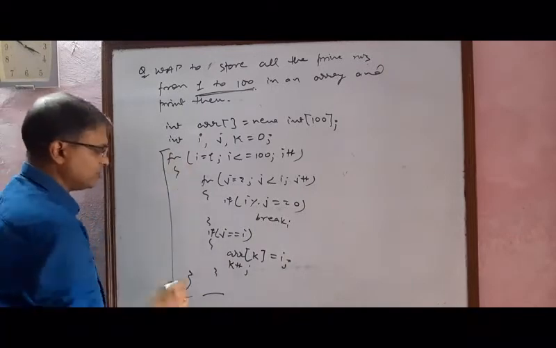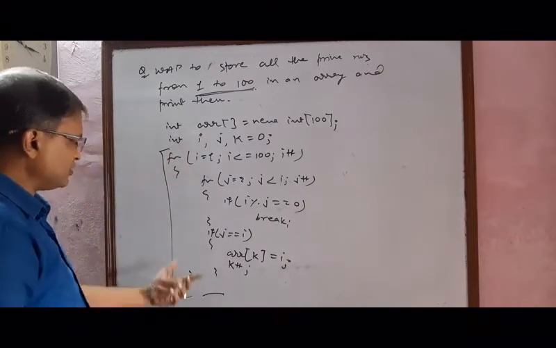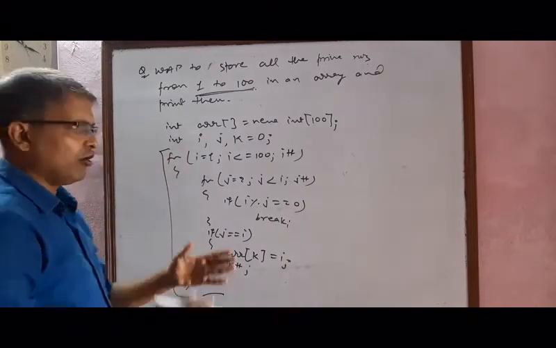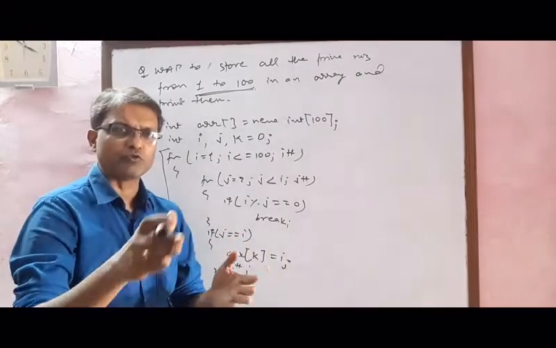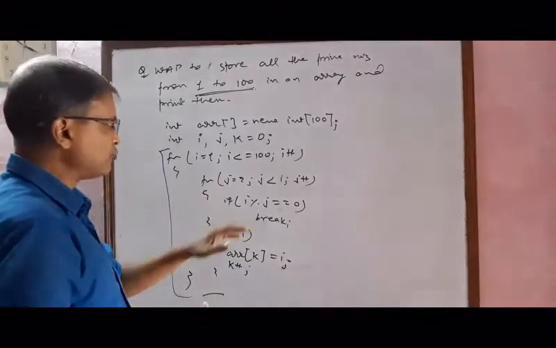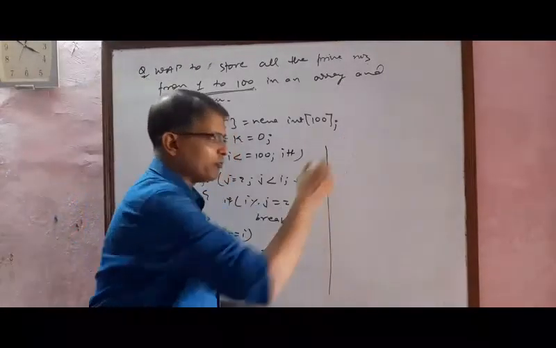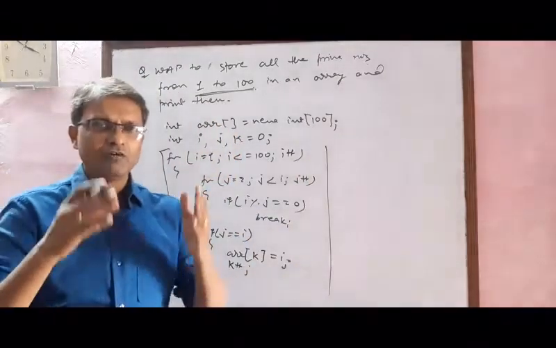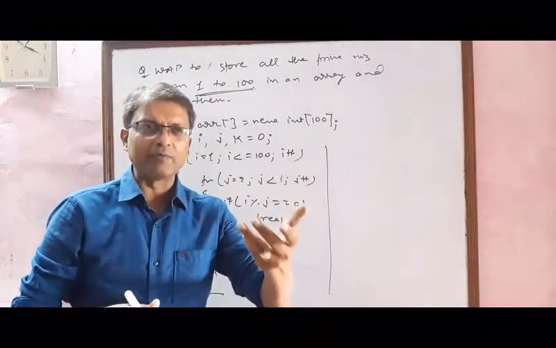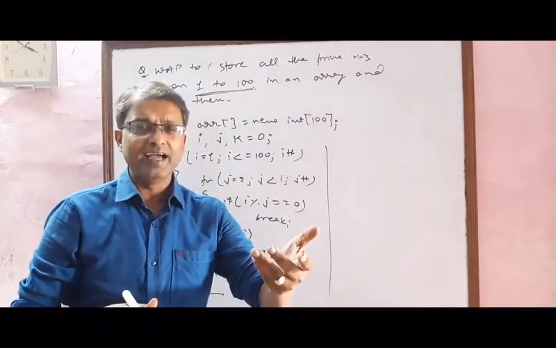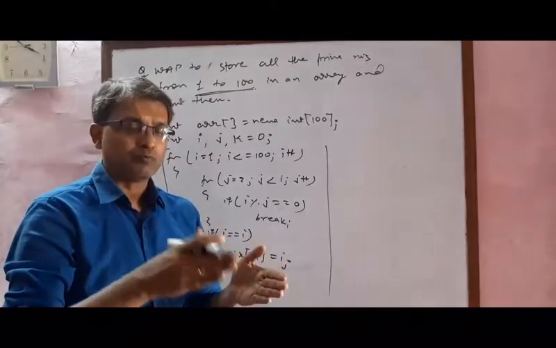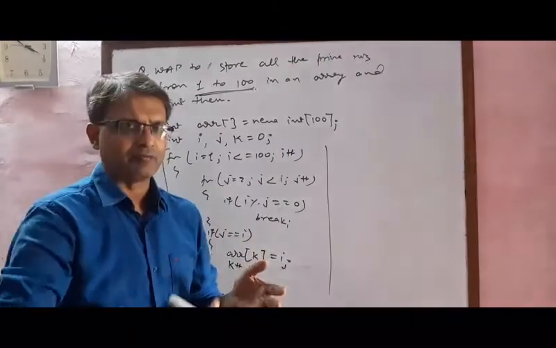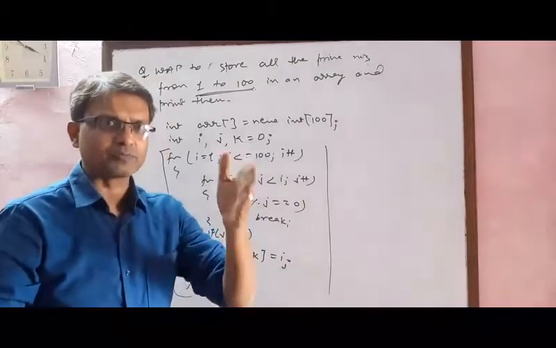After completion of this loop you will get all the prime numbers stored in the array. Now you have to print the array. Before printing you will have to know how many prime numbers have been stored, and what the position of the last prime number in the array should be.